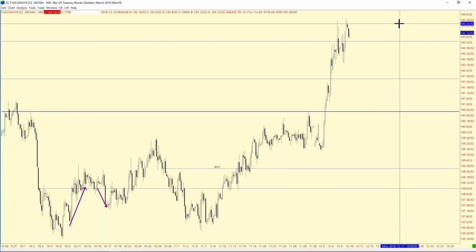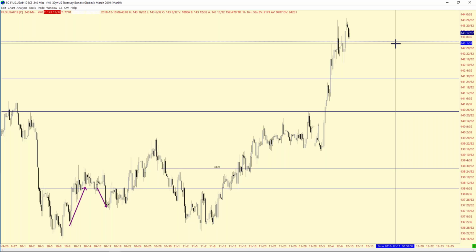Boy, these bonds are something else. So it's going to be 143.22 and 143.1.